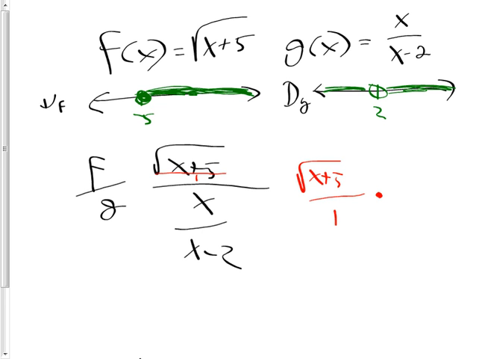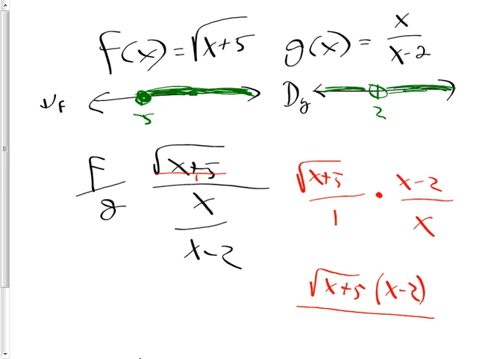And then flip it: x minus 2 over x. When you actually multiply that out, remember, square roots can't get multiplied out with other stuff, so you just leave it. Square root of x plus 5, and the other one, I'd put it in parentheses, x minus 2. Otherwise, you're going to think that just the x is getting multiplied by the square root, all over x. That would be the final answer.